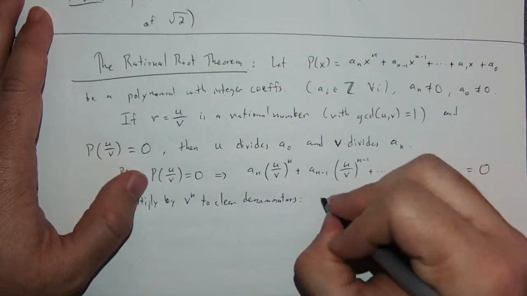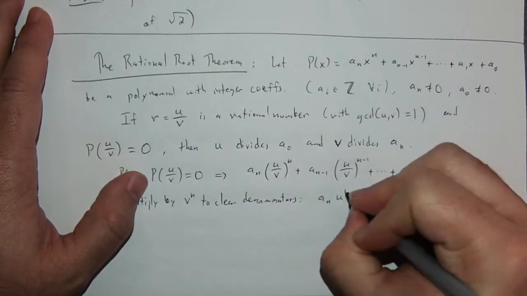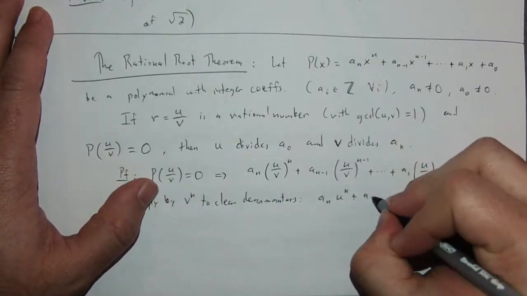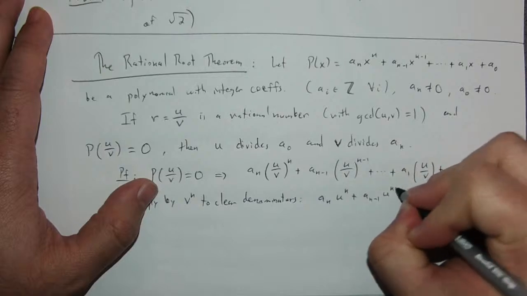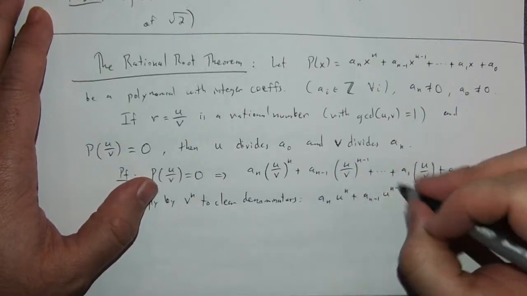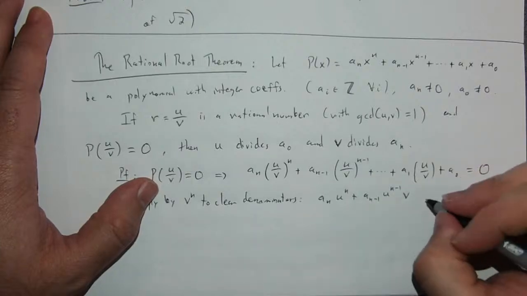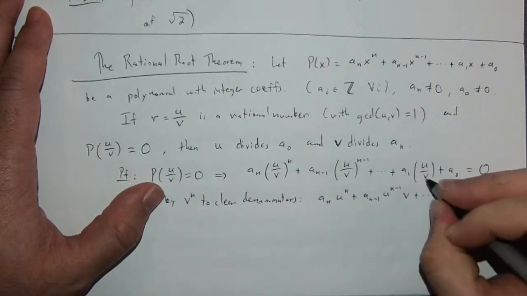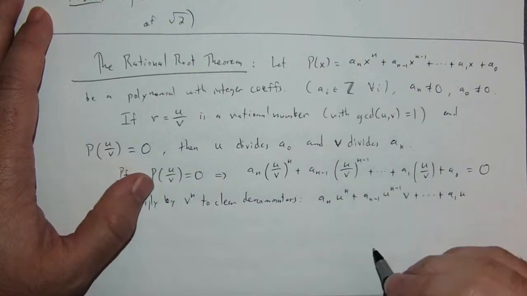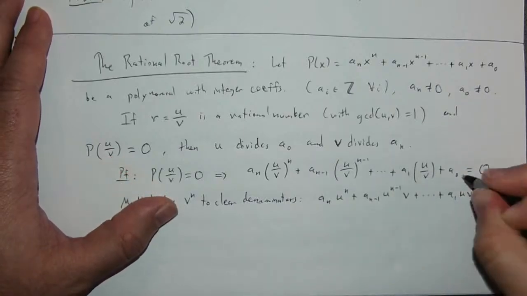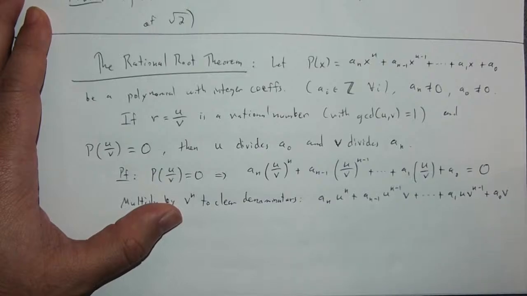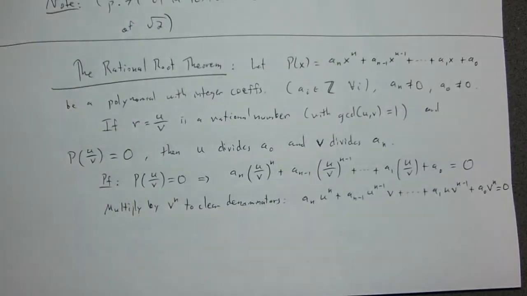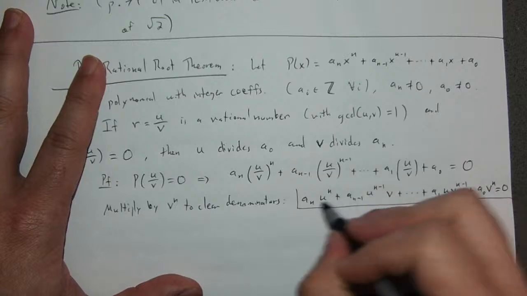In this first term, I get a sub n times u to the n, plus the next thing I get is a sub n minus 1 times u to the n minus 1, and I've multiplied by one extra copy of v here, so this is v. And so on, all the way down to a sub 1 u, and here I've multiplied by an extra n minus 1 copies of v, so v to the n minus 1, plus a naught v to the n is equal to 0. Okay. All right, so this is the expression that's going to do all the work for us.